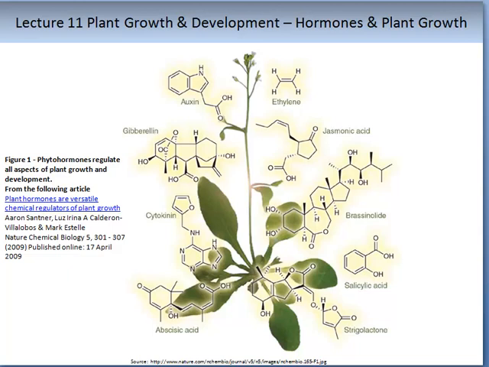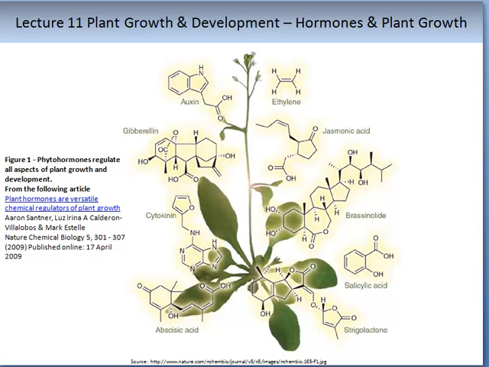It is from a paper published in Nature by the authors Santner, Calderon-Villalobos and Estelle. It shows you where the plant's hormones are regulated with respect to the plant. The plant that they're showing here is Arabidopsis thaliana.